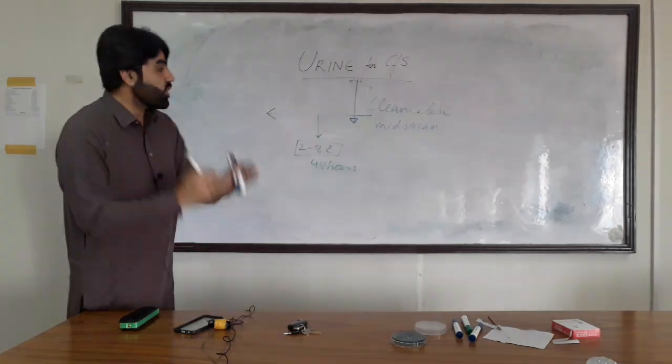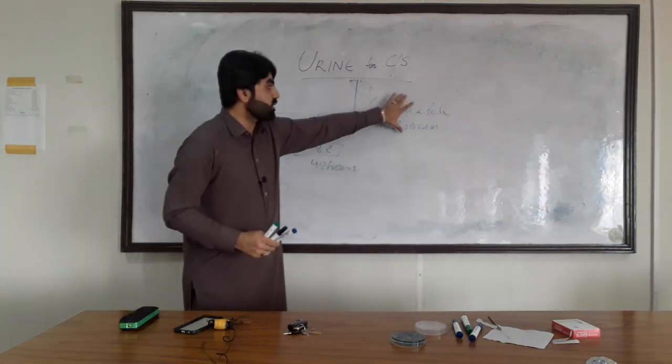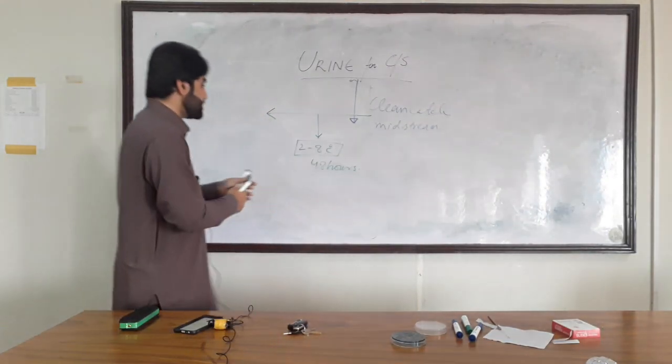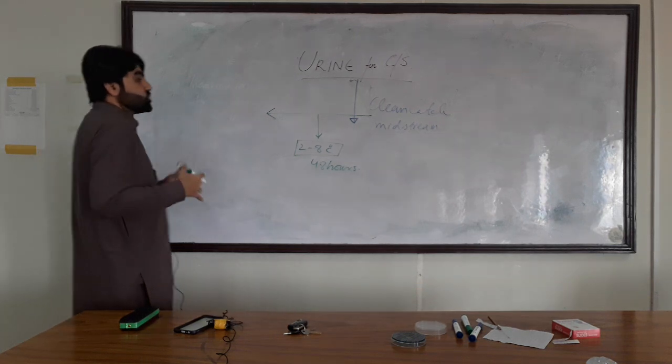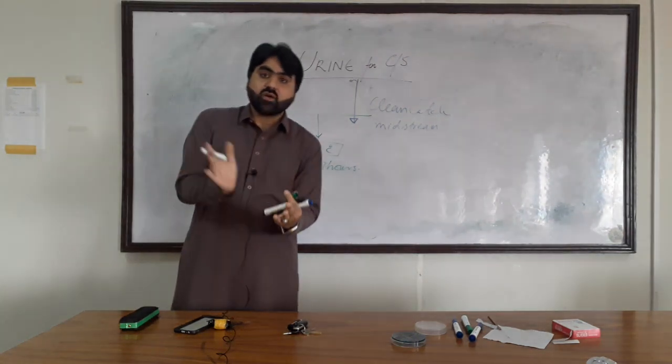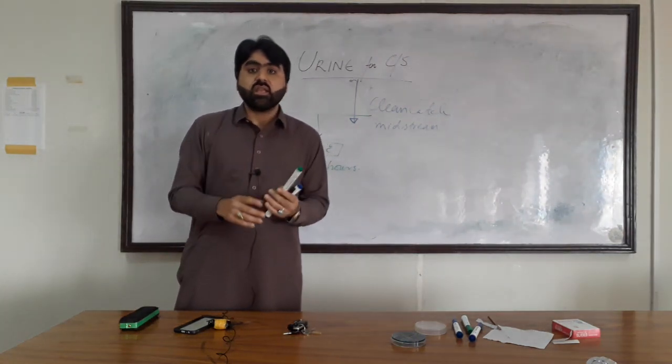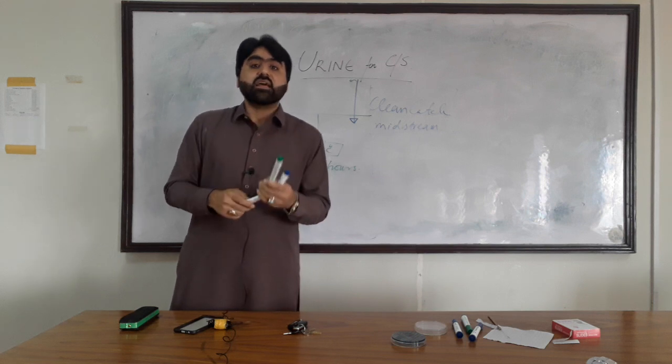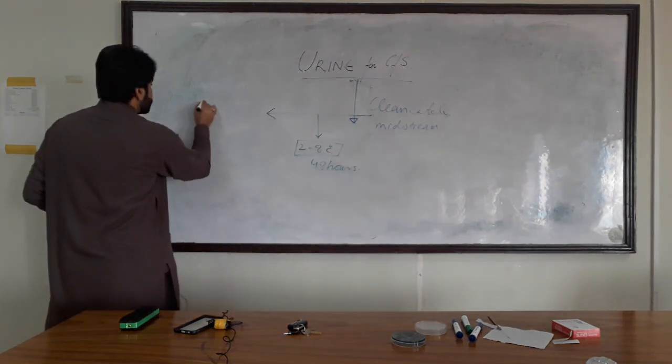So when you are going to process that urine for bacterial culture and sensitivity, first of all, we need to choose the media for inoculation. In the case of urine, only one media is recommended, which is CLED media.